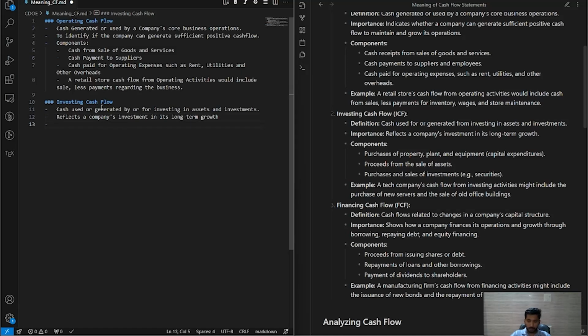So its basic components are purchase of property, plant and equipment, proceeds from sale of assets, and then comes the purchases and sales of investment.